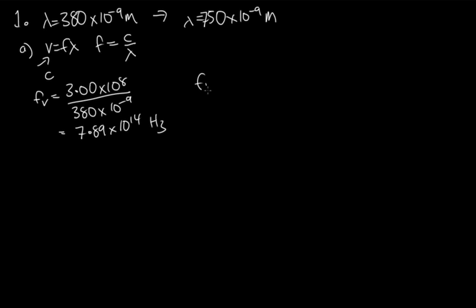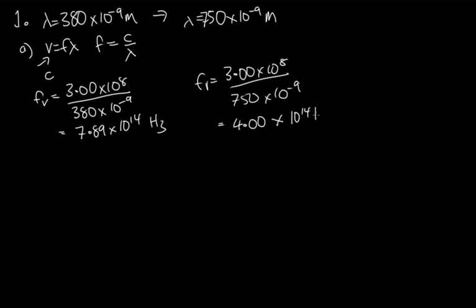And then the frequency for the red light is equal to 3 times 10 to the 8 meters per second over the 750 times 10 to the minus 9 meters. And solving that one on the calculator, we get 4.00 times 10 to the 14 hertz.